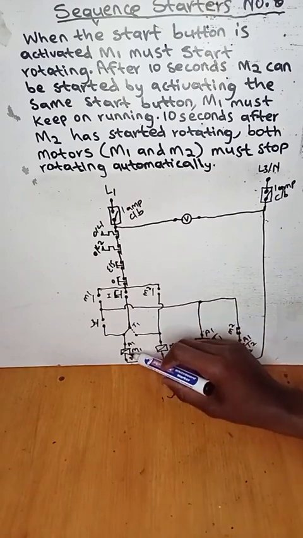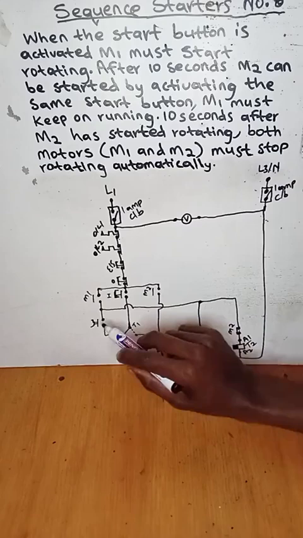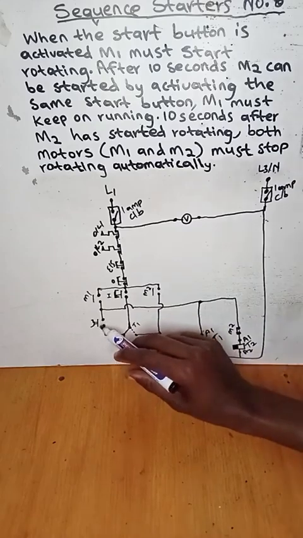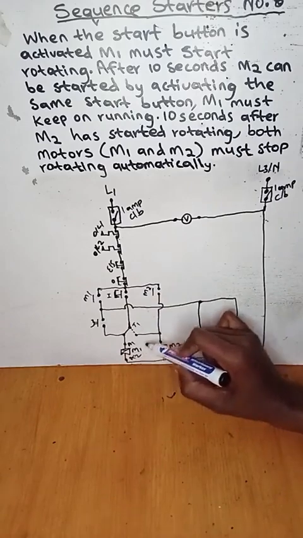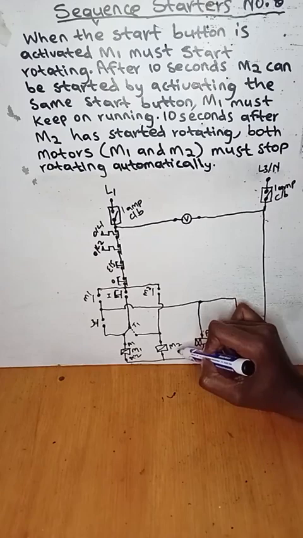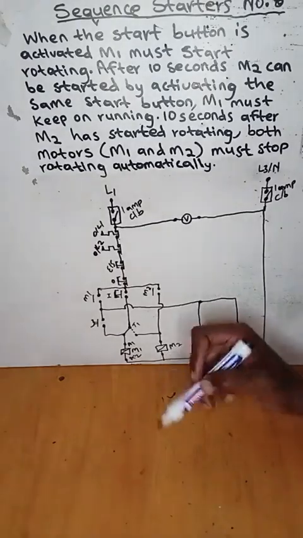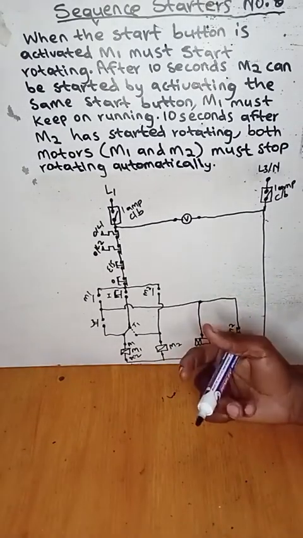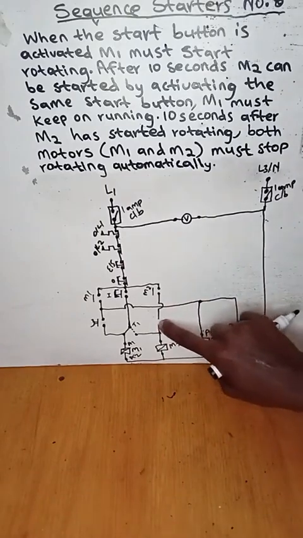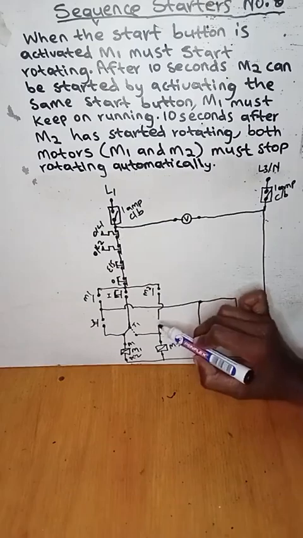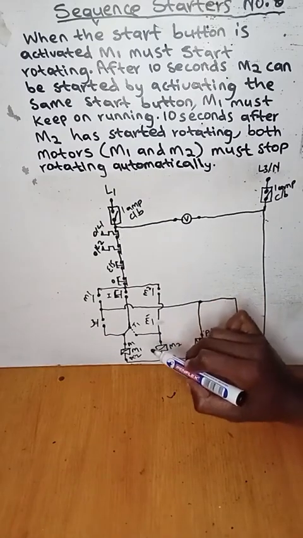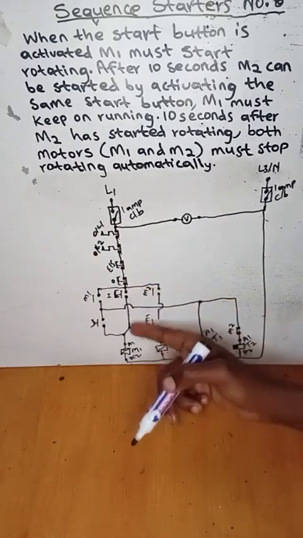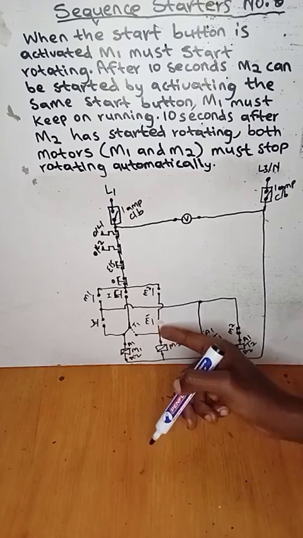So when this coil of motor 1 is off after 10 seconds, which will be affected by the delay on timer contact, this coil of motor 1 will help the coil of motor 2 to also be off after 10 seconds, right? Which means the coil of motor 2 will start with a normally open contact, so that when the coil of motor 1 is energized, it will become closed.